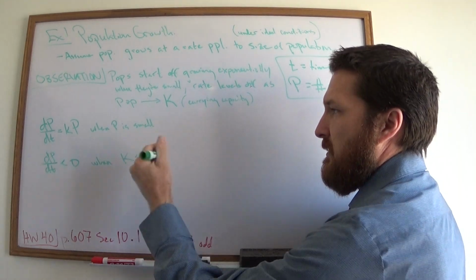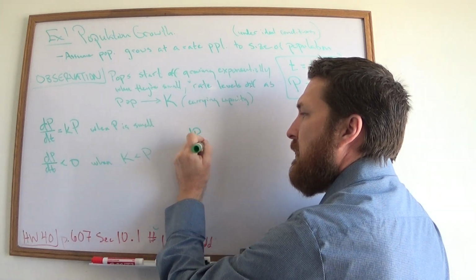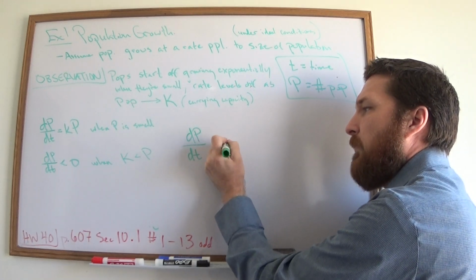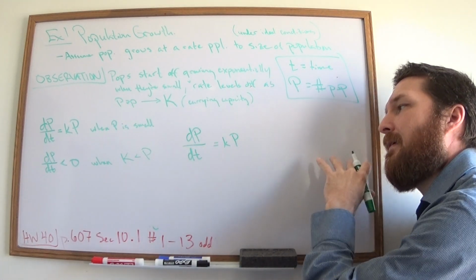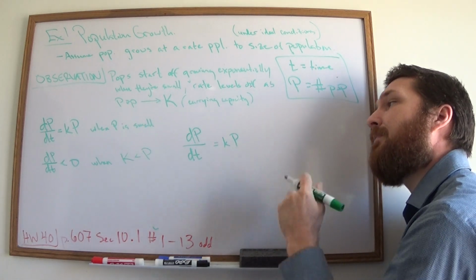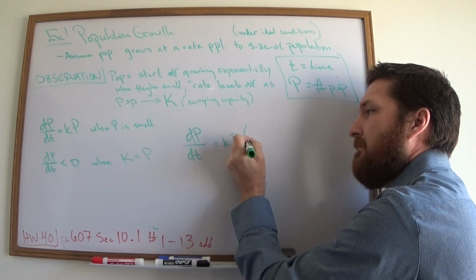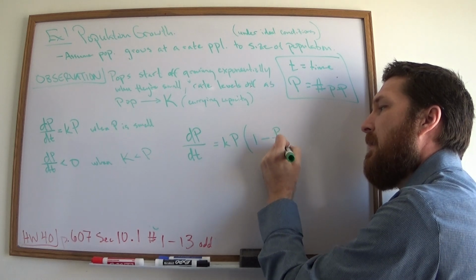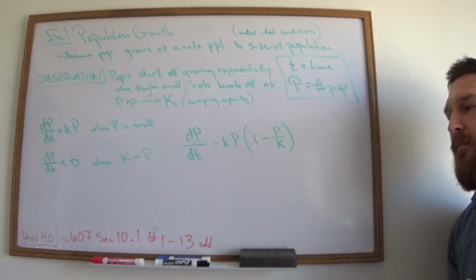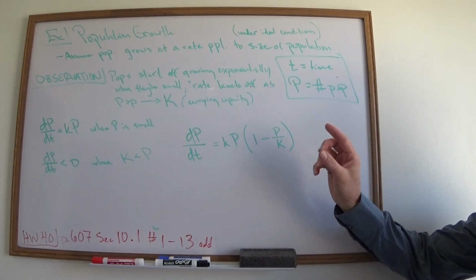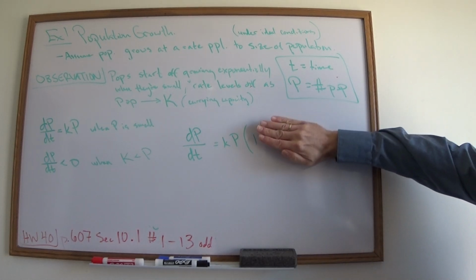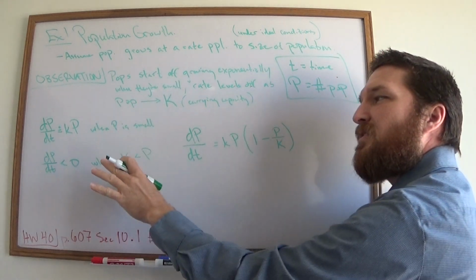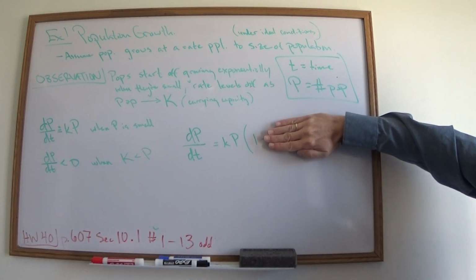And so what we can do is this. dP/dt, the rate of change of this population, is still proportional to P, but now we're going to multiply in another term and see what this does: 1 minus P over the carrying capacity, K. Now, when P is small, this thing's like 1, so when P is small, this is approximately like kP, right?